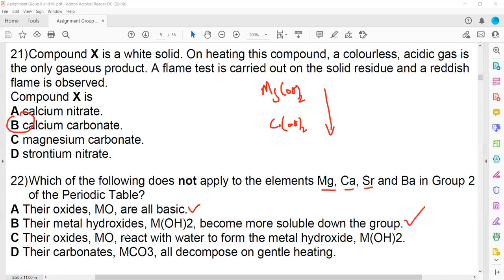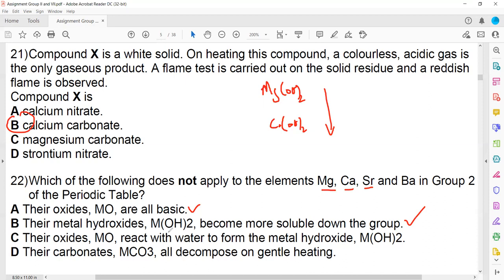Their oxides react with water to form metal hydroxide. That is true if mixed with water. But when you check their carbonates, all decompose on gentle heating?